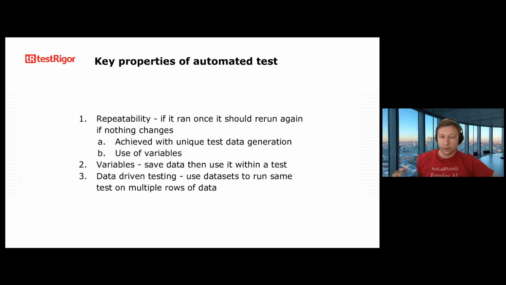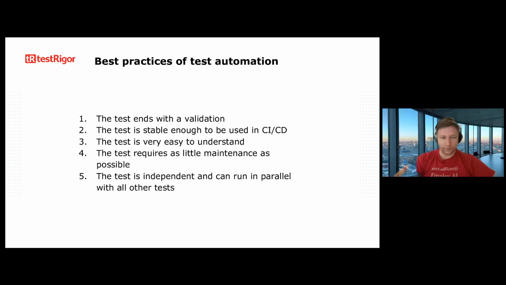And for that, again, you would need to use a concept of variable, because you would need to pass that data into variables so that in the test you can refer to it as a variable. So as you can see, those concepts are tightly related, but point being, you will be able to run the same test on multiple rows of data. And it might or might not be used right now like this in your manual testing.